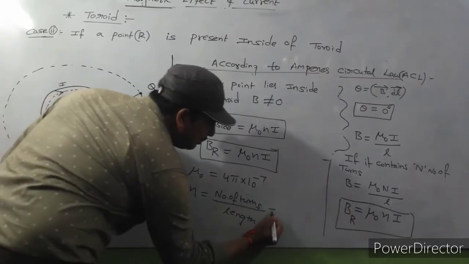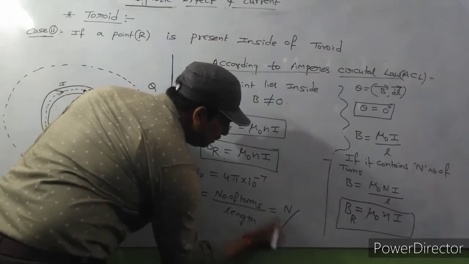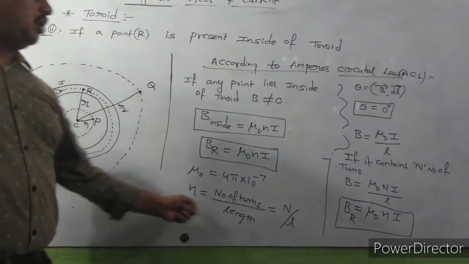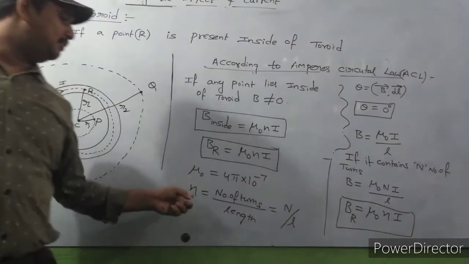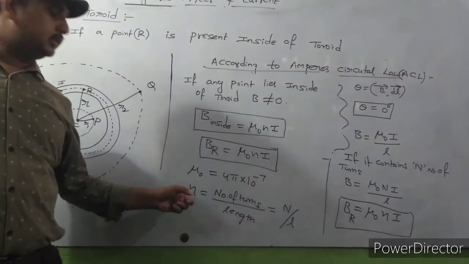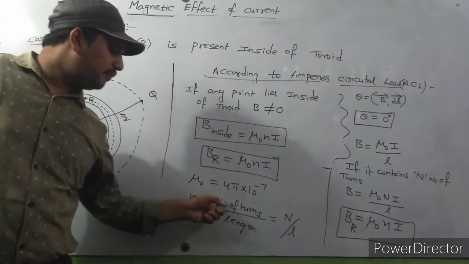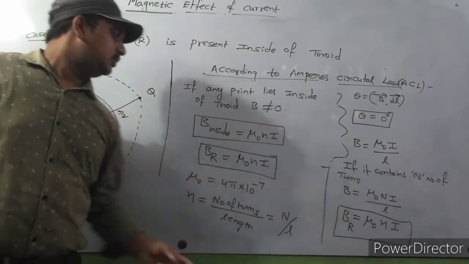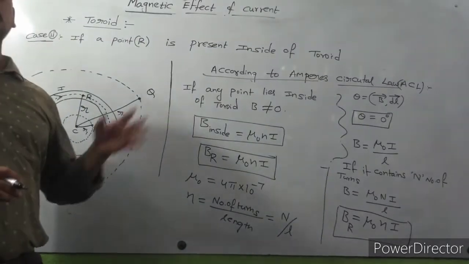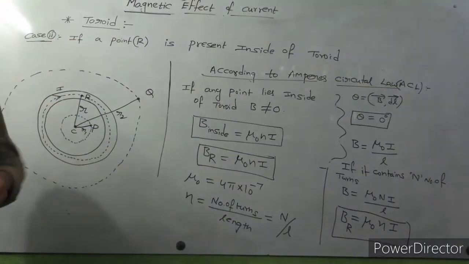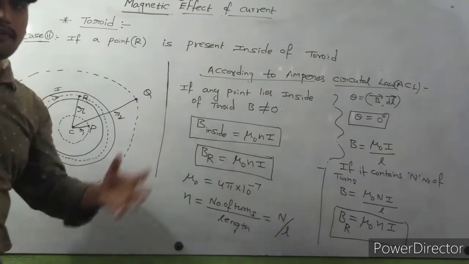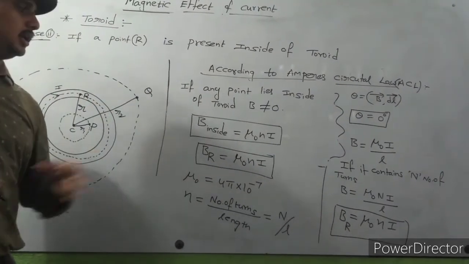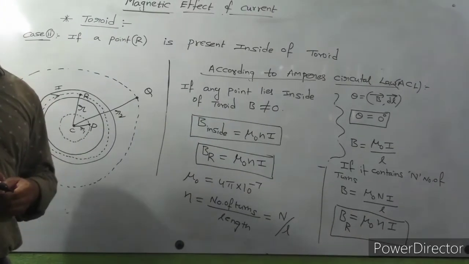Number of turns is indicated with N, length is indicated with L. So instead of capital N by L, we always substitute small n, because small n is number of turns by length, equal to capital N by L. So this is the magnetic field if any point lies inside of the toroid. The magnetic field at point R is mu naught into small n into I.